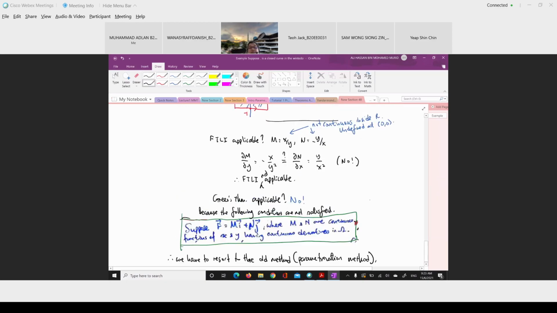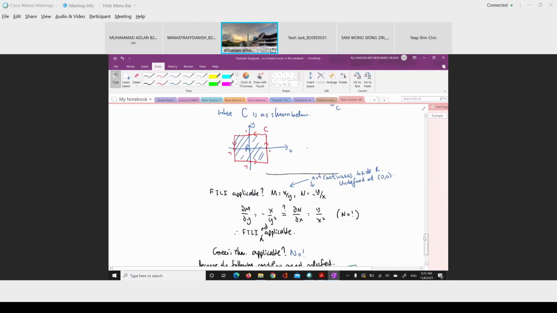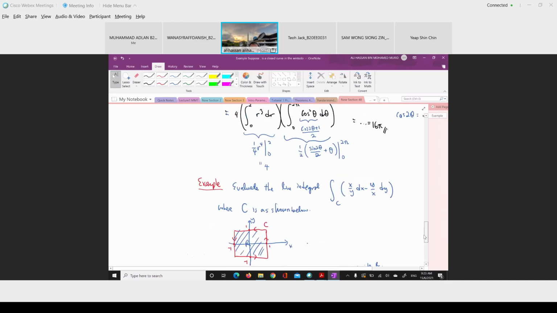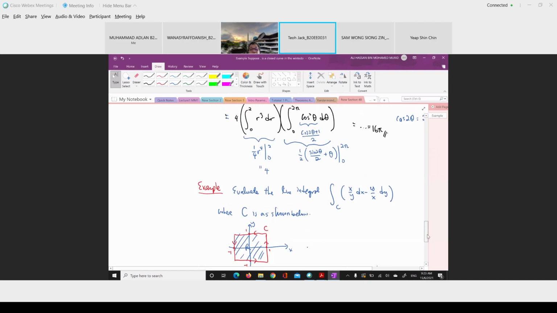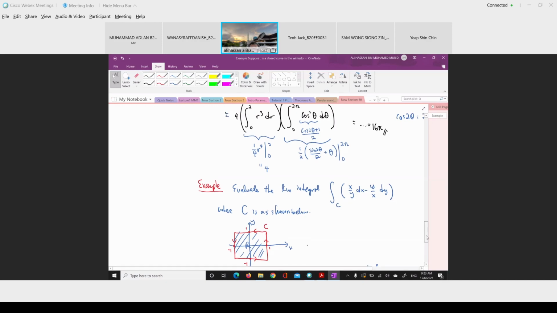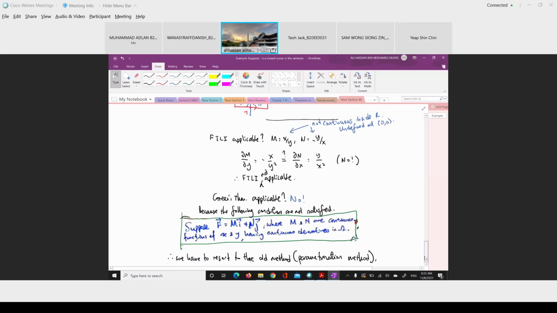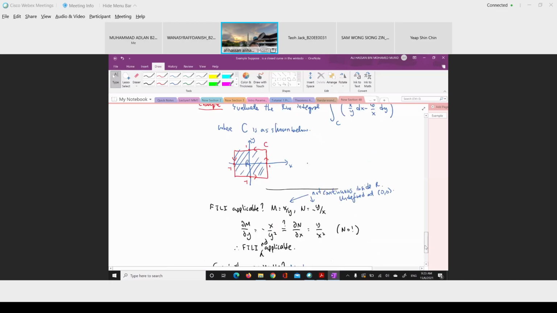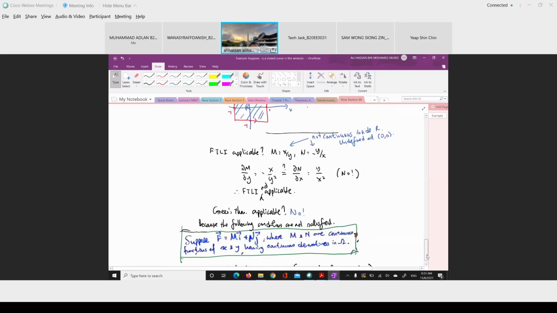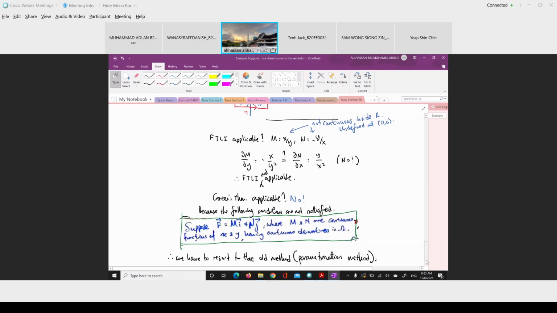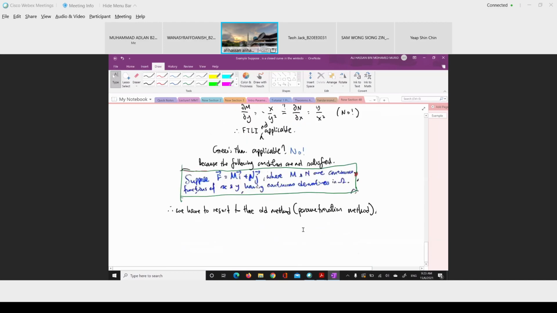Even though the parametrization method involves a lot of work, we have to do it. Because we have seen that FTLI is not applicable and Green's theorem is not applicable, the only thing left is the old method.